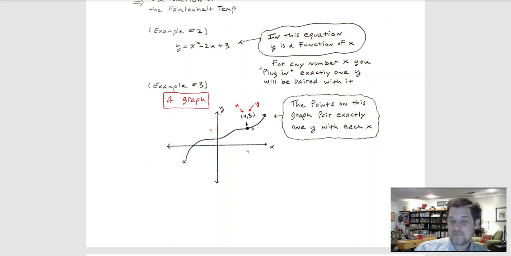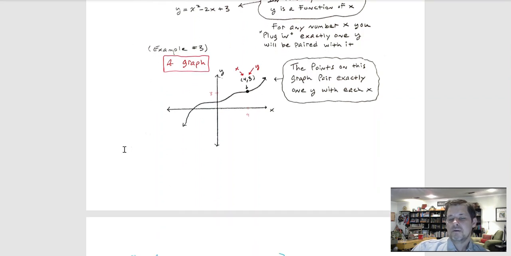So you look at this graph, you see the x value of 4 gets paired with y being 3. There is no other point on here that could allow for x being 4 to be paired with something else besides 3. That point makes it 3 and 3 only. Okay, so a function can also be a graph. The points on this graph pair exactly one y with every x, and so that's a function too.